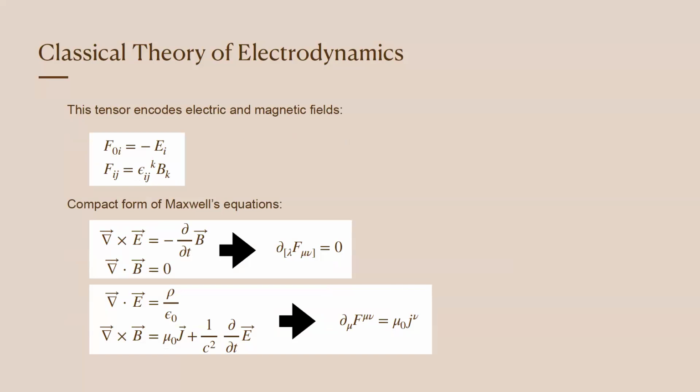Now, invoking relativity, we can combine these four equations into two equations. We can take the homogeneous equations and combine them to form this. This symbol means completely antisymmetric in indices. And we can combine these two equations and get this equation. So we have this beautiful form of relativistic Maxwell's equations.